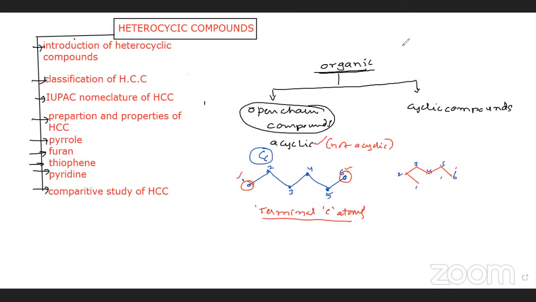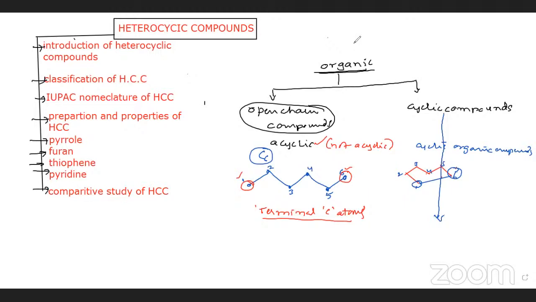Suppose these two carbon atoms, the sixth and first, which are terminal carbons, bond with each other. Finally, we get a cyclic structure. Such types of compounds are known as cyclic organic compounds.